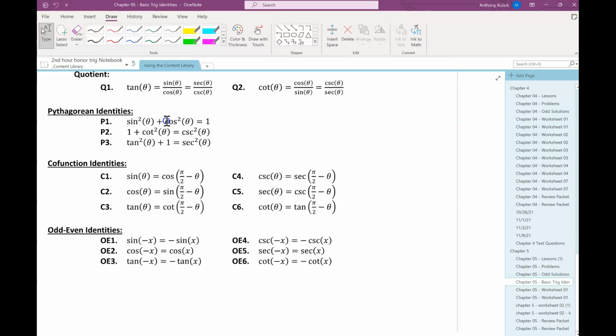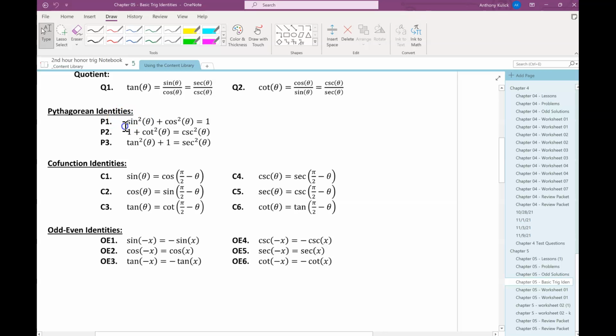Everybody's okay with that? On the unit circle then, the x squared is cosine squared, the y squared is sine squared, and the r squared is 1 squared. So we have that sine squared plus cosine squared is equal to 1. Again, maybe we didn't say that directly, but it's a result directly of things that we have talked about.